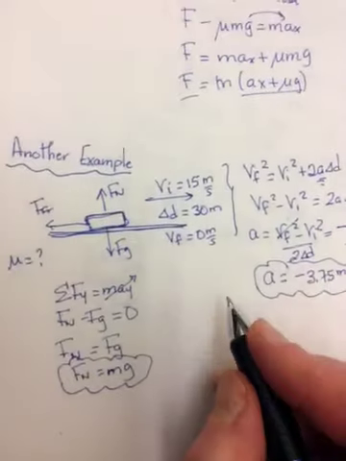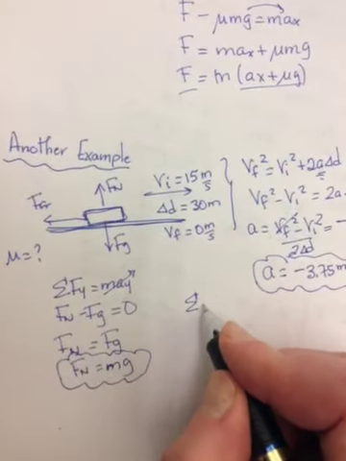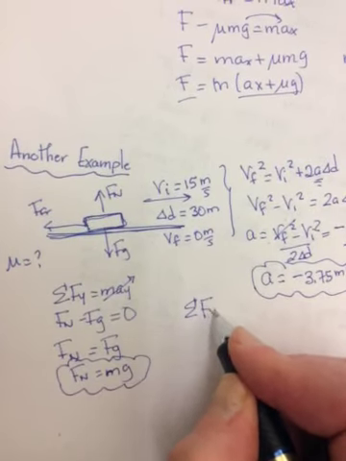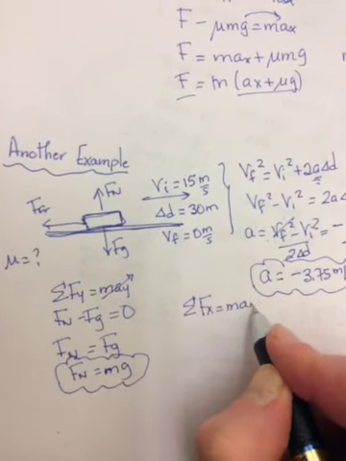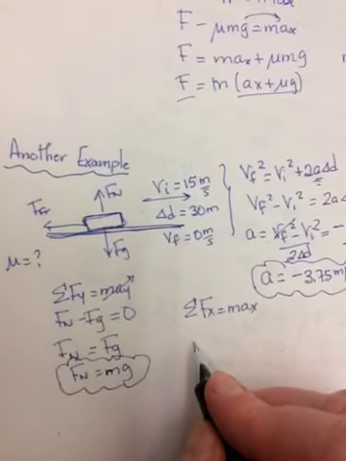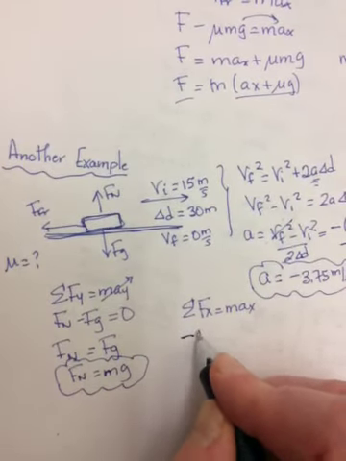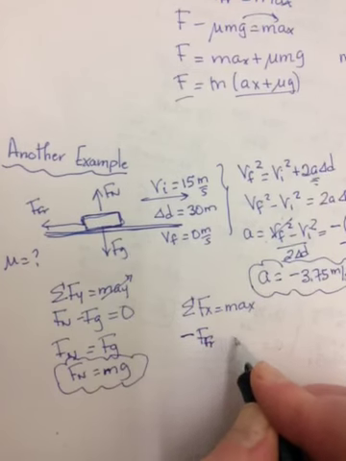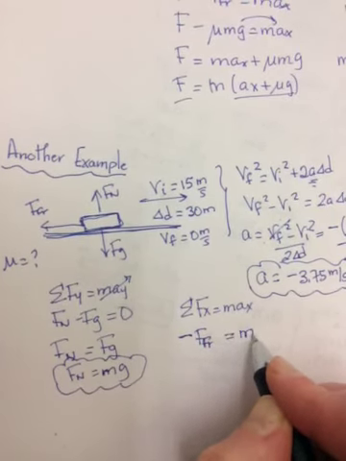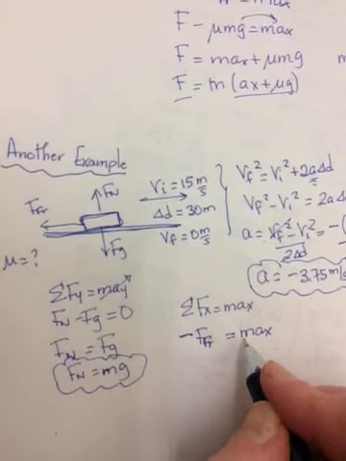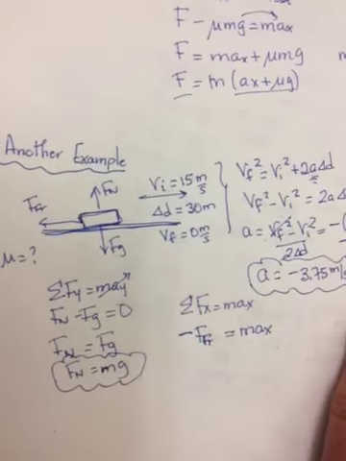I'll just keep going. If you keep going, go to sum of the forces in the x direction is equal to max. In the x direction, the only force we have is friction, and it is opposing motion. So negative friction is equal to max, but I don't have the m.